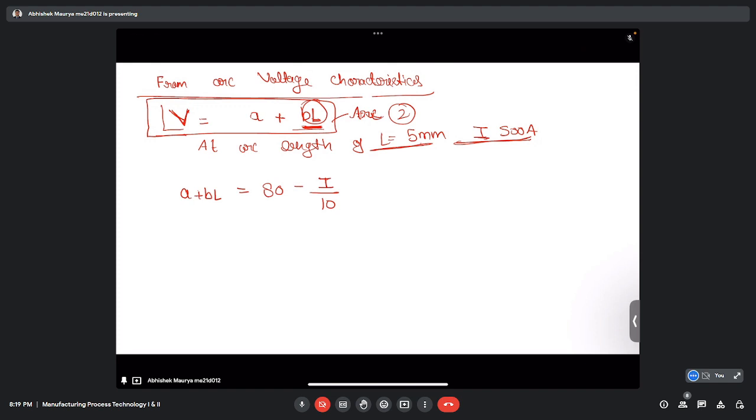Now from the first condition here, we will put L is equal to 5 mm and I is equal to 500 amperes.